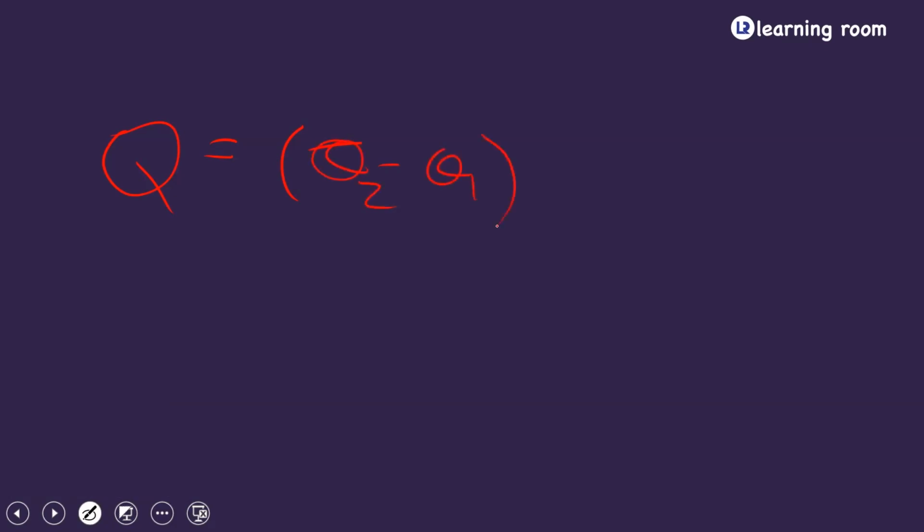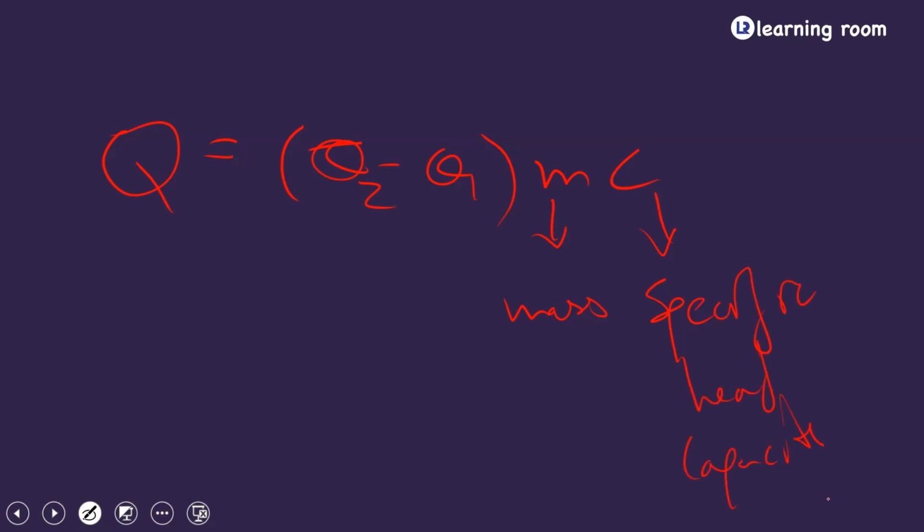It cannot be this direct. You have to put in some values, specific heat capacity, mass, because it cannot be directly the same. So it will be m into C. M is our mass, and C is our specific heat capacity. That's all.